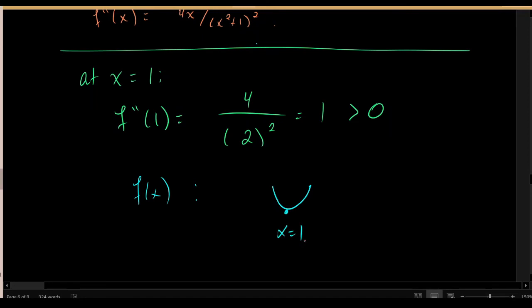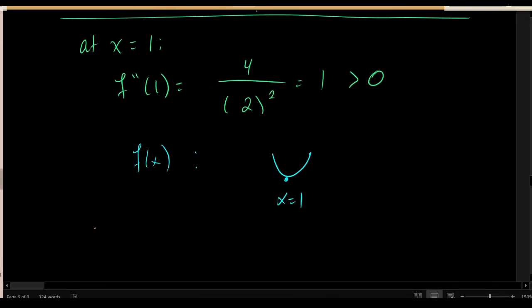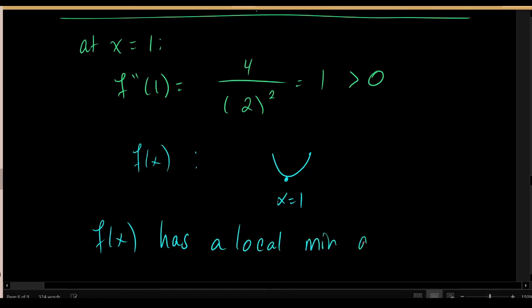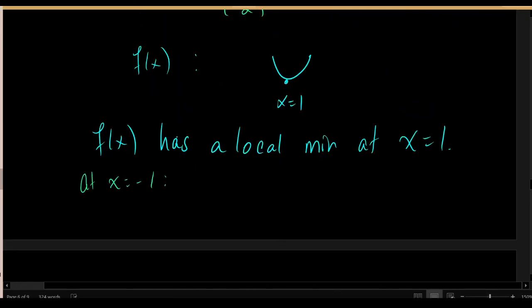So what is x equals 1 actually? x equals 1 is the location of a local minimum of the function f of x. Then basically the opposite thing happens at x equals negative 1.